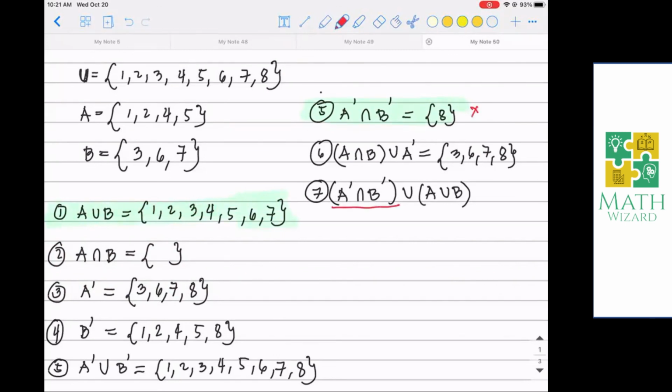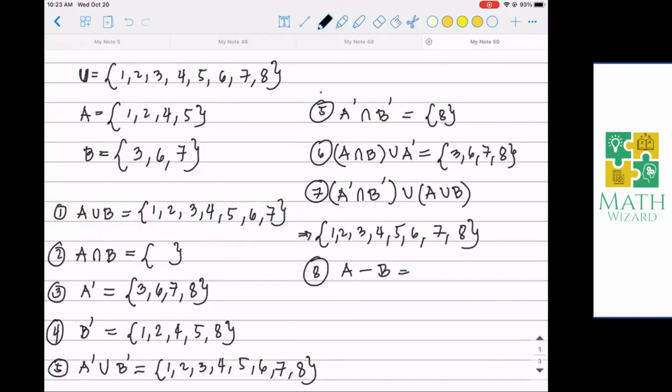Ito siya. And for the blue one, ito siya. Ano ang ating sagot? So therefore, kapag pinag-combine natin yan together, sagot natin ay we have 1, 2, 3, 4, 5, 6, 7, and 8.